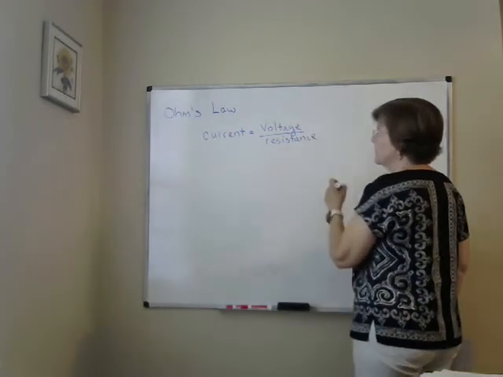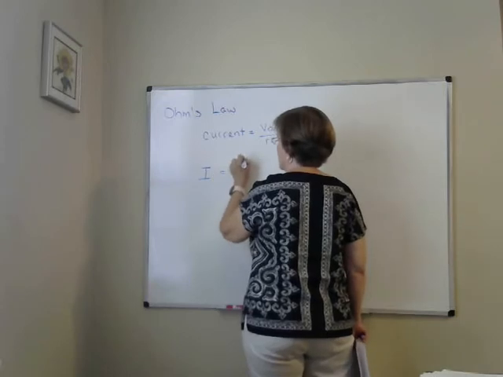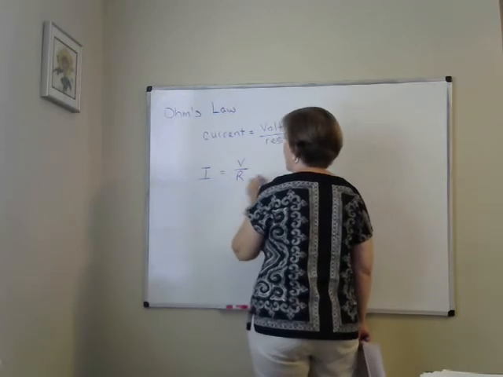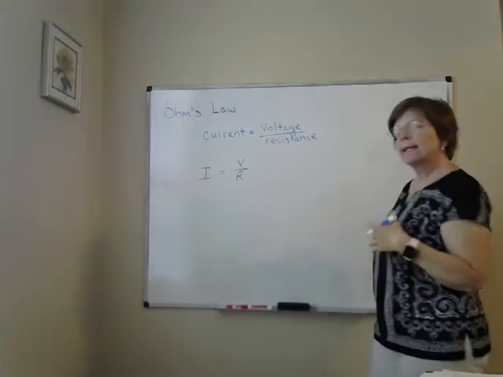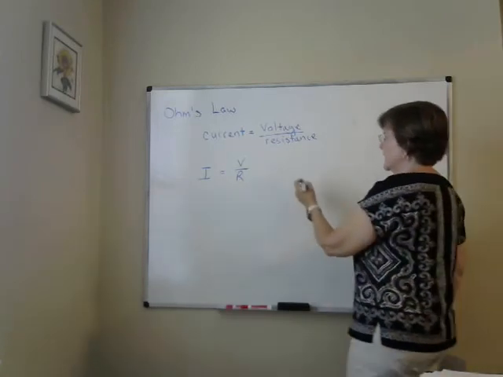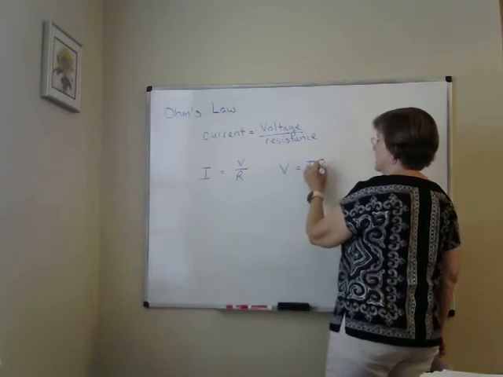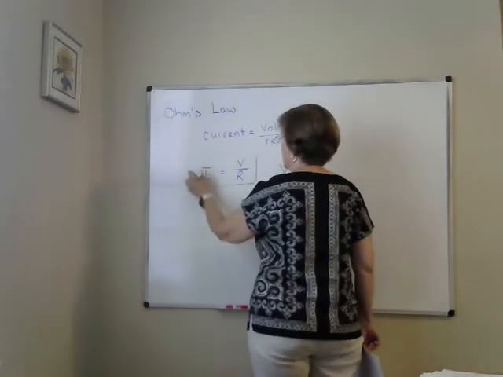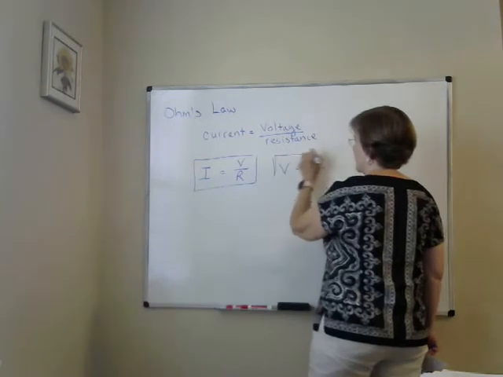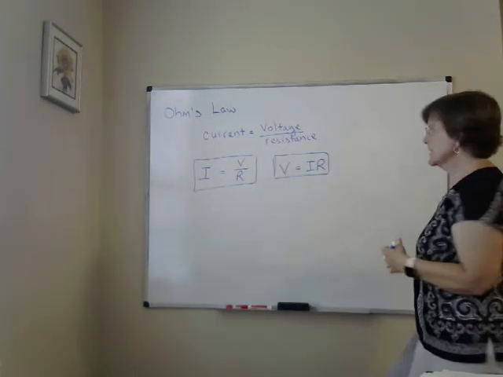The symbol for current is I, so I equals V over R. But that's like any algebraic equation. We can rearrange that and say that V equals I times R. So we see Ohm's law written like this. We also see it written like this. One of my favorite ways to write it is like this.